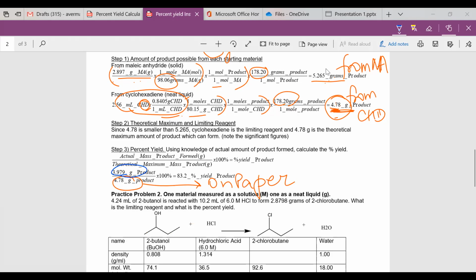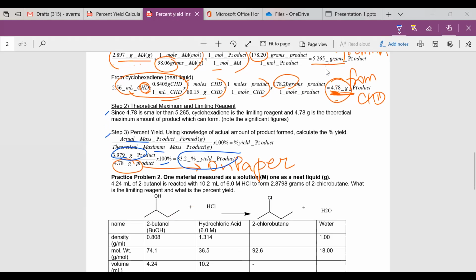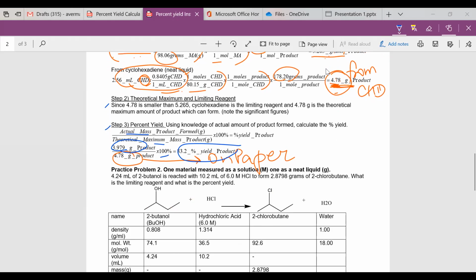This is the actual amount of product that is formed. So dividing actual mass by theoretical max, multiplying it by 100, you will get your percent yield. So these are the steps that you have to follow when you're looking at the percent yield.